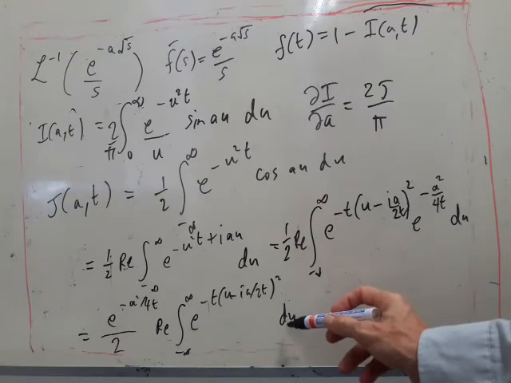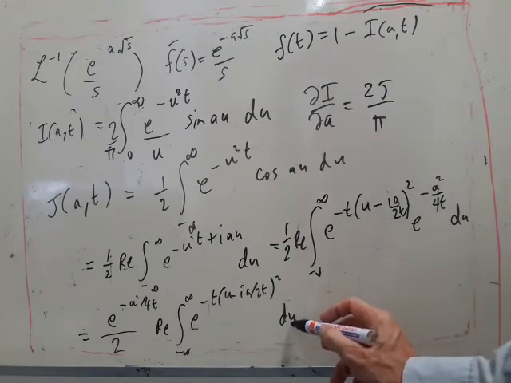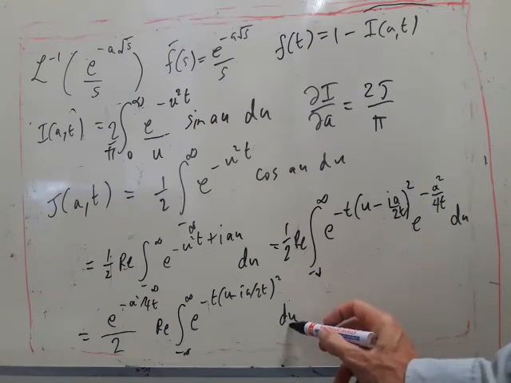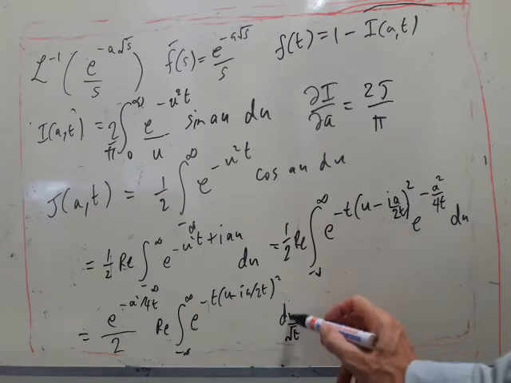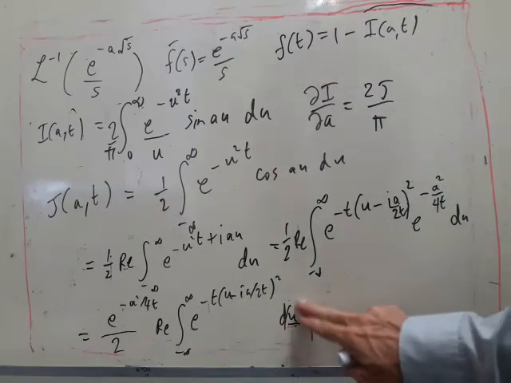So making a change of variable, so I'll just make minus over root t. Sorry, it should be times root t.